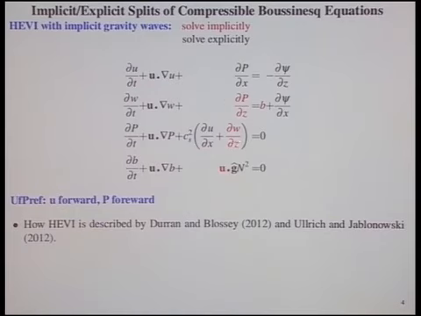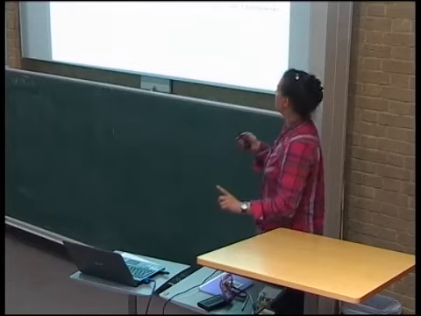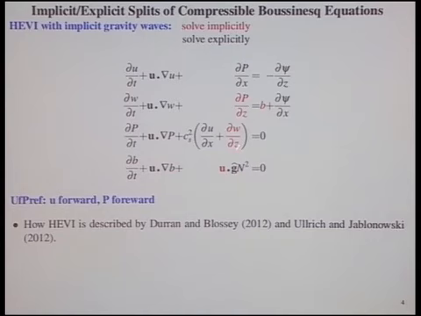So you've got just the vertical pressure gradients, and the vertical buoyancy is fast, and the vertical component of the divergence. These are the terms involved in the vertical propagation of acoustic waves.